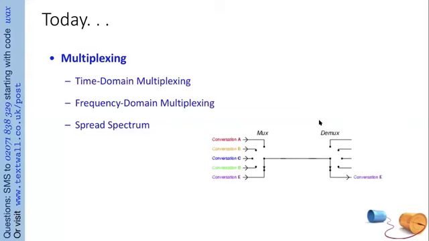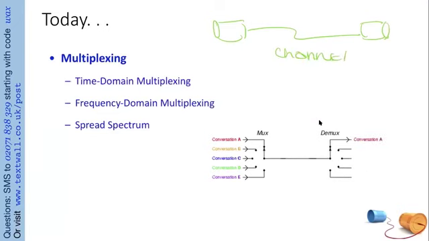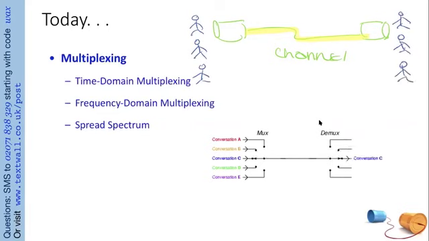Okay, multiplexing. What's it all about? Remember, in communication systems, we said we have a transmitter, a receiver, and a channel. Now, if we want to use the channel more efficiently, then it would be good if we could have more than one party, or one pair of parties, communicating at the same time using the same channel.